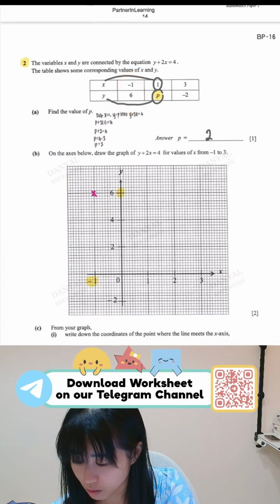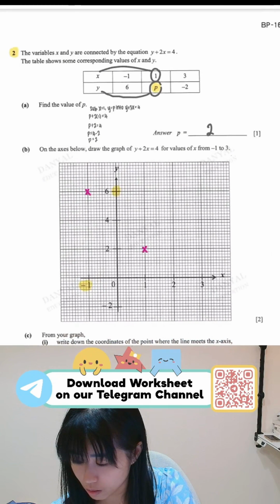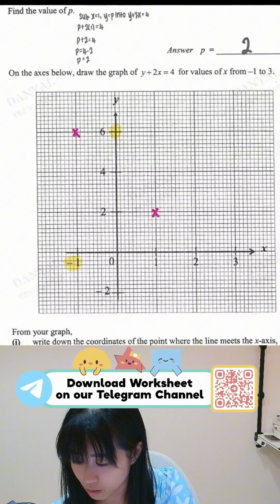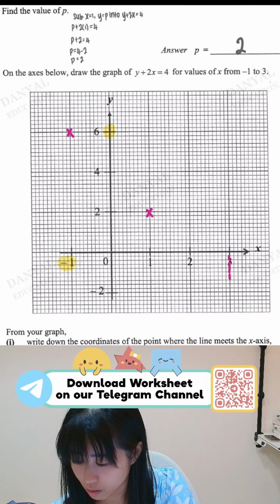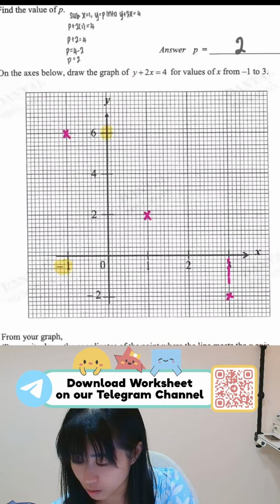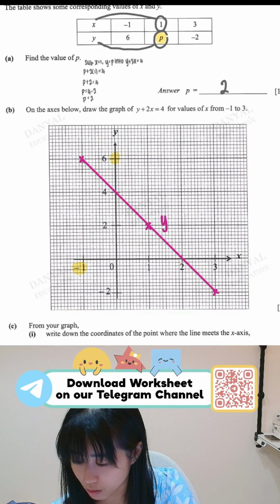Next one, x is 1, y is 2, which is here. Last one, x is 3, y is minus 2, which is here. Let me zoom in. Correct? Then I'm going to plot one straight line, and then I'm going to write the equation y plus 2x equals to 4. Done. Just like that.